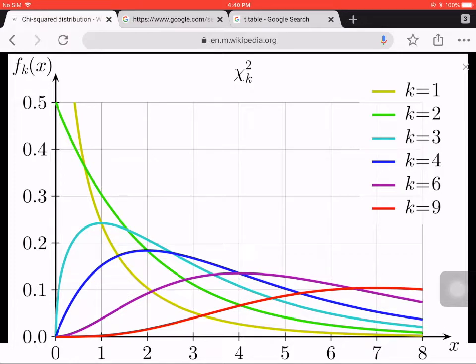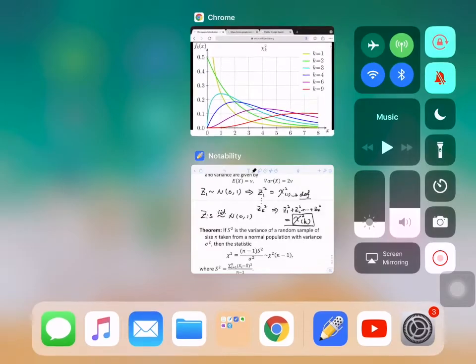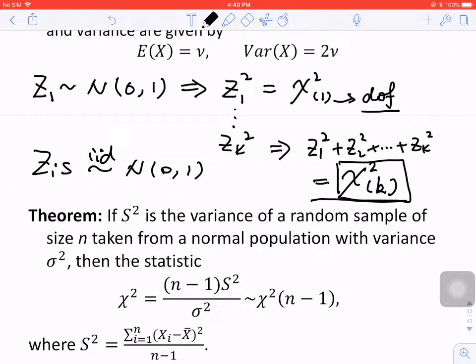But when k goes up, for example, when it's equal to 4, its PDF is the corresponding blue curve. Again, it's not symmetric. It's far away from the normal distribution. That's a brief overview of this chi-square distribution.